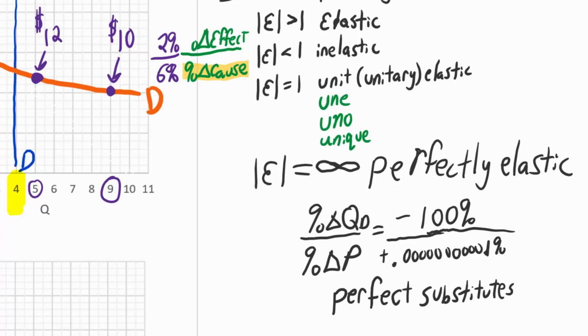Maybe perfect substitutes might be freshly squeezed orange juice from one company compared to freshly squeezed orange juice from another company, and the two orange juices are exactly identical. And they both sell for $2 a carton.